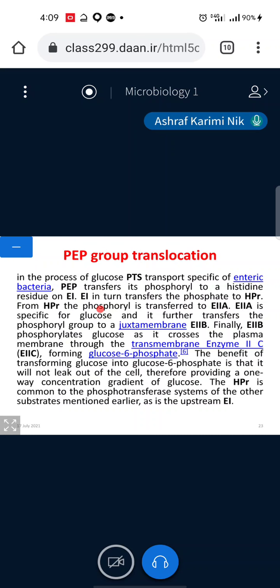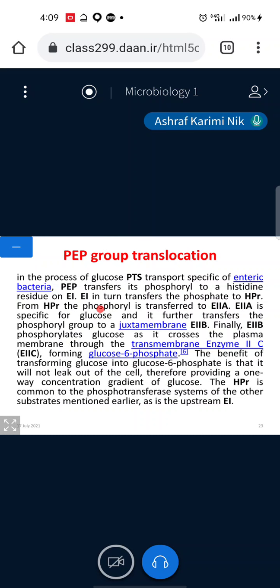Escherichia coli is an enteric bacteria. PEP transfers its phosphoryl group to a histidine residue on E1. In the next slide, you can see this explanation in E. coli and in Bacillus subtilis.